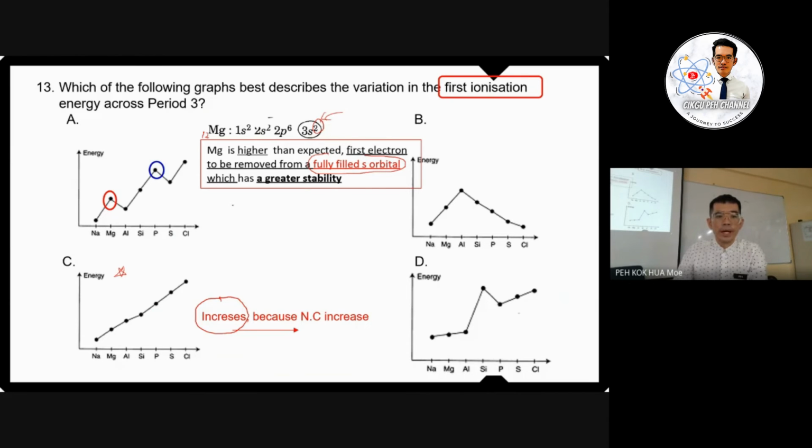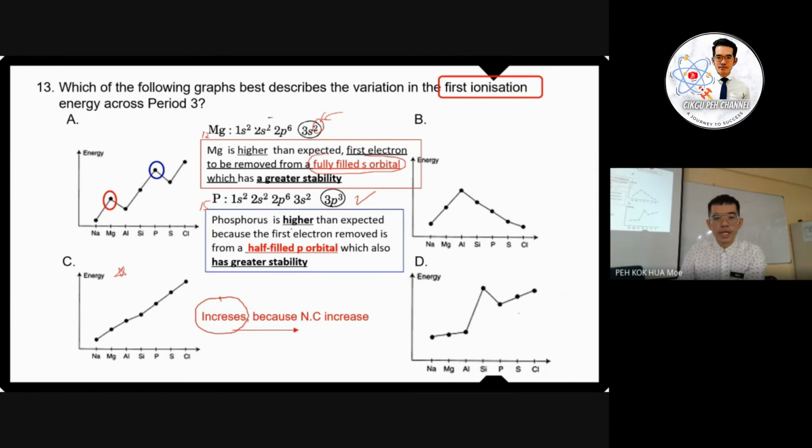And then another will be at phosphorus. Okay, so this is the configuration. Phosphorus has a proton number of 15, so you must be able to give the electronic configuration for phosphorus 15 here. From here you can see the 3p orbital is half filled. When the orbital is fully filled or half filled, it becomes more stable. So phosphorus is expected to have a higher first ionization energy compared to others.